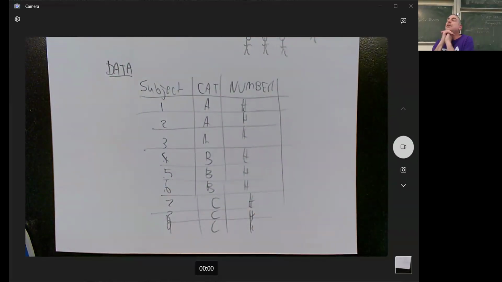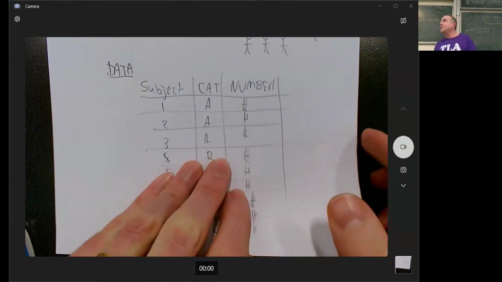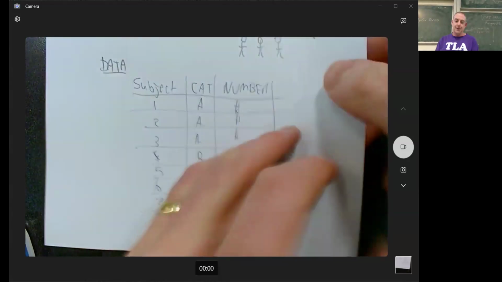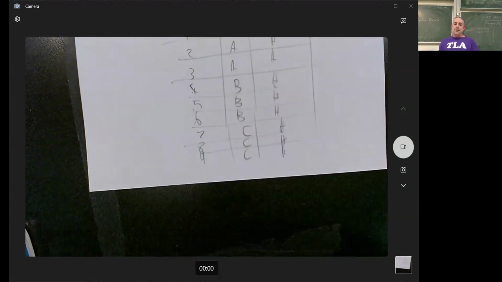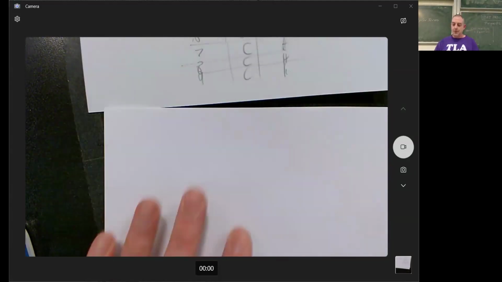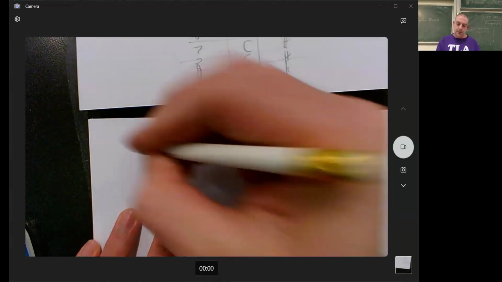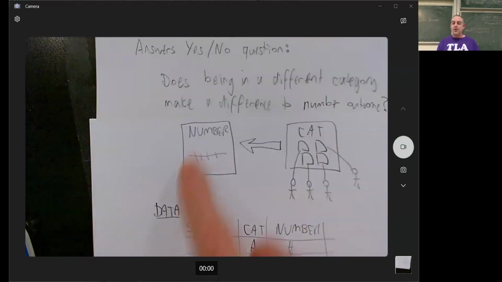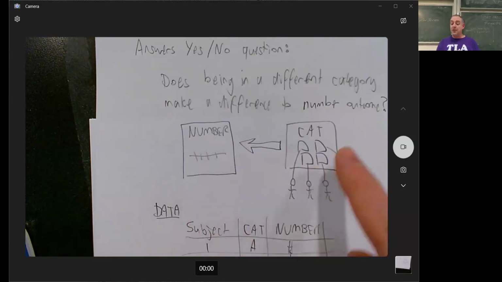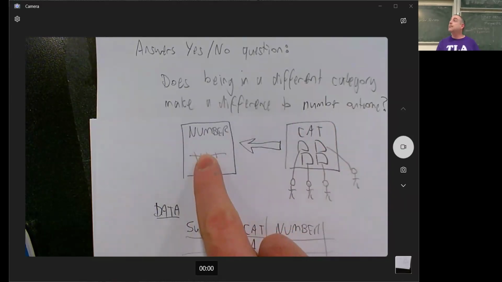So at this point, does anyone have any thoughts or questions? If it was a two-way ANOVA, it's a great question. That is one-way ANOVA because there's one way to affect the outcome.